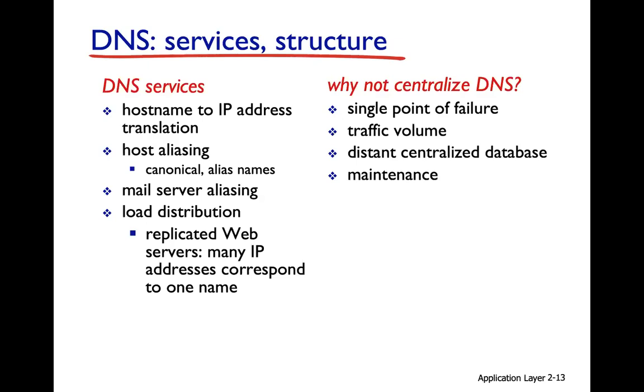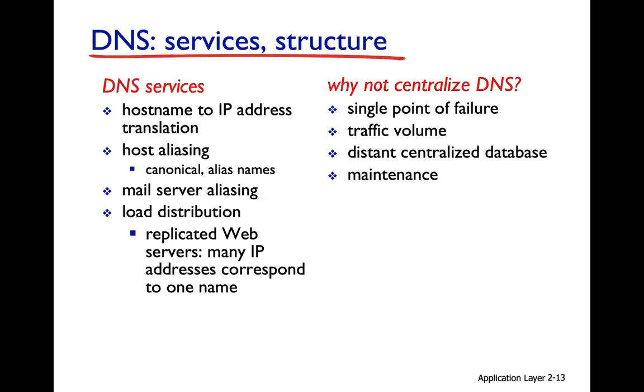And for the DNS server, we should make it load distributed. That means we will have multiple DNS servers, so that I don't keep everything in one DNS server. Why? Because DNS is so important: no one can remember all IP addresses. So we should have a DNS server to help us translate from host name to IP address.